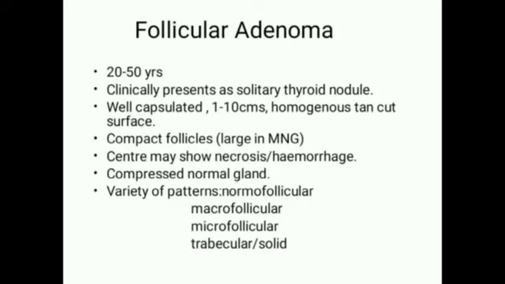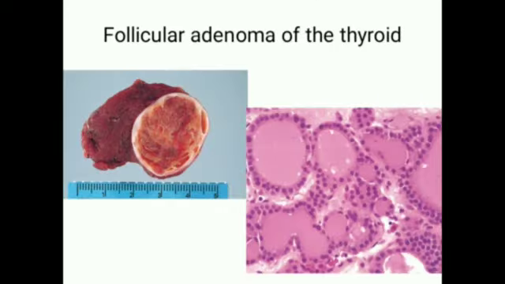They have compact follicles, and in the center hemorrhage and necrosis can be present, and they have compressed normal gland. Okay, so they are capsulated, and on another side of the thyroid gland you can see the compressed normal gland. They have a variety of patterns, that is either normofollicular, macrofollicular, microfollicular, or trabecular or solid.